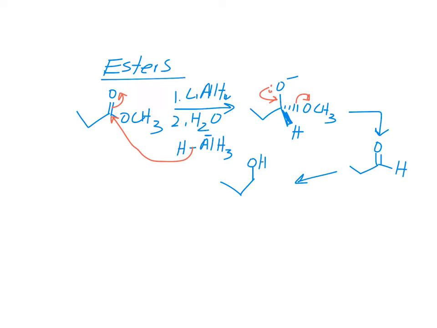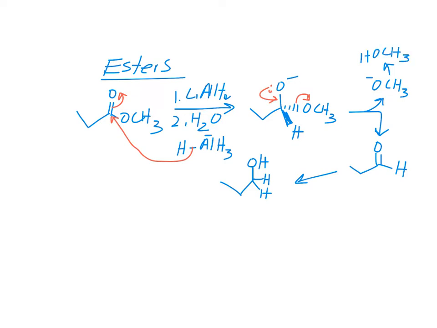I'm not going to show those mechanistic steps because we've been through that already. The other byproduct over here was methoxide. And when we quench the reaction, the methoxide also gets protonated.